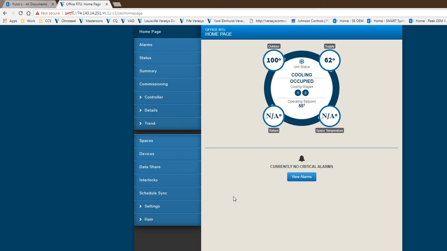We have a controller called a BEC 100, and we can put this on a third-party unit to do changeover bypass or VAV. In this case, you will see that since we did have a cooling call, we're trying to drive the supply temperature down to 55, and there are 2 stages of cooling running.